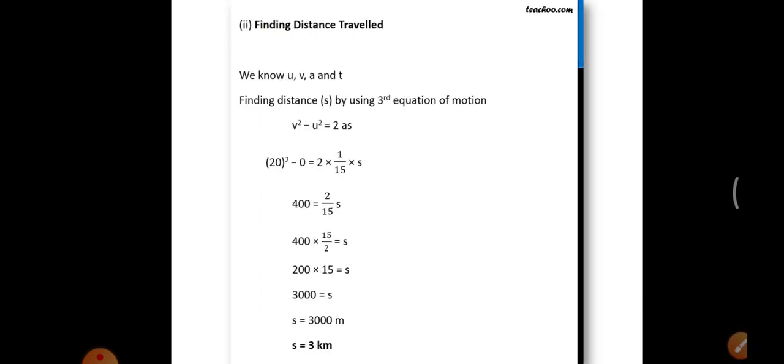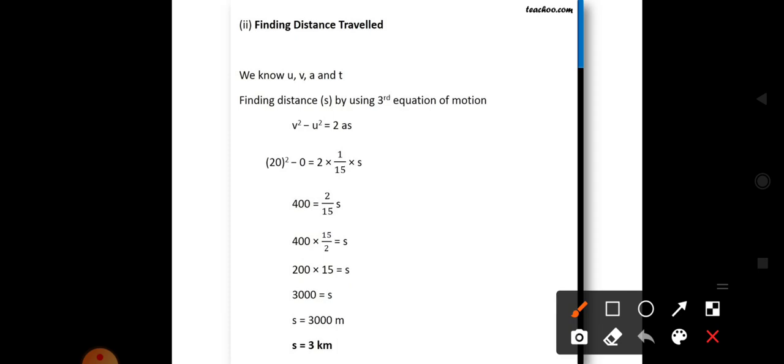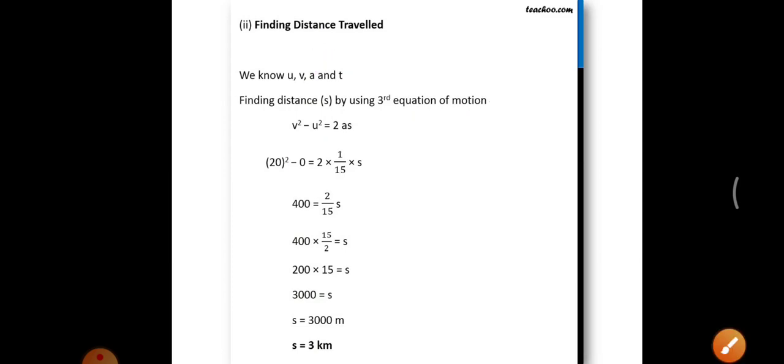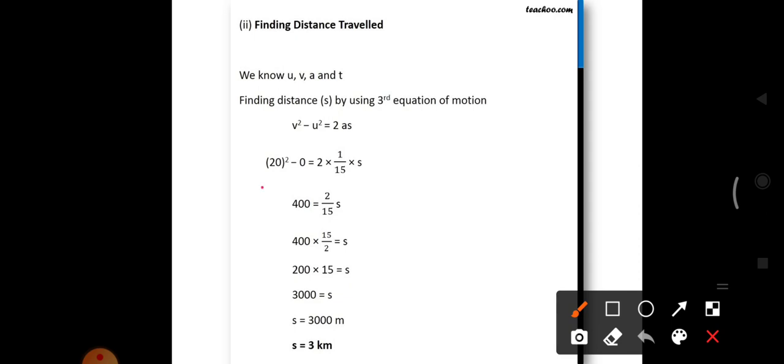The next you have to calculate the distance travelled. We know u value, v value, a value and t value. So for finding distance we have to use the third equation of motion, v square minus u square equal to 2as. Here the s represents distance. Substitute the known values. The value of v is 20, squared, minus the value of u is 0 squared, equal to 2 into the value of a is 1 by 15 into s.